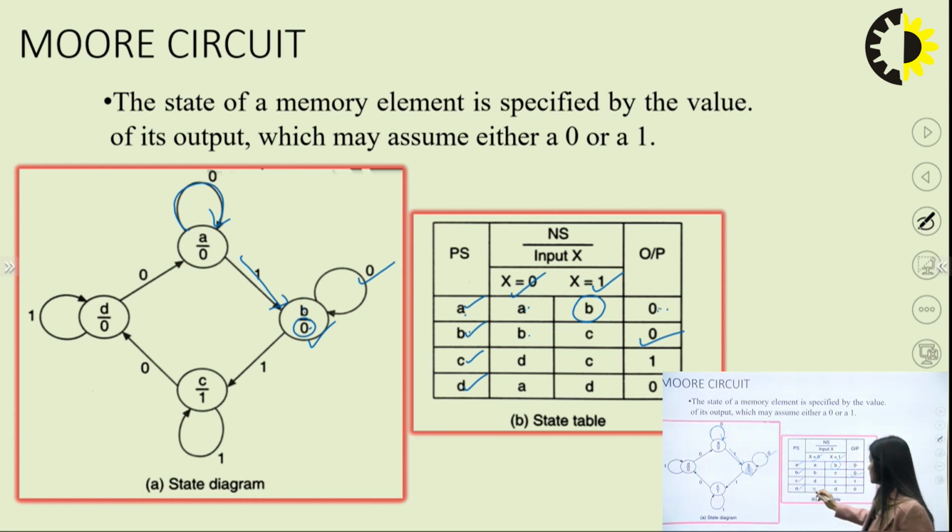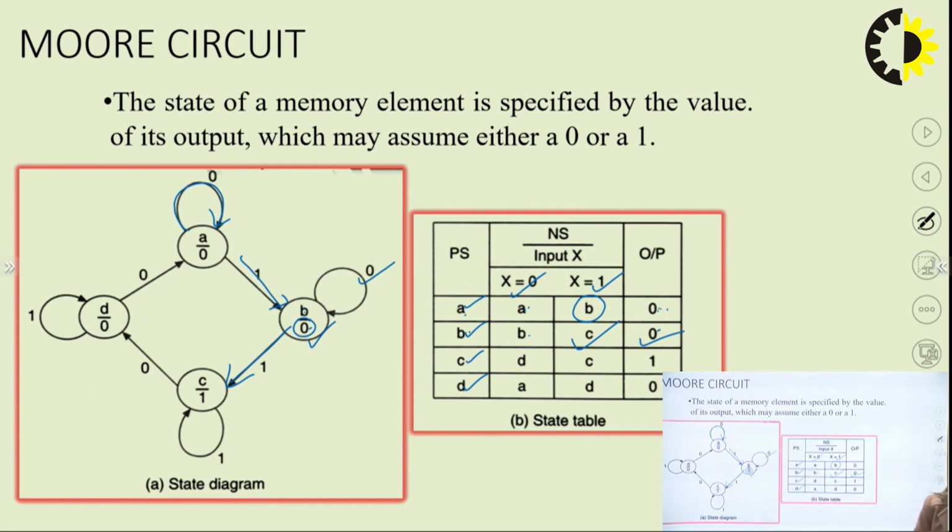Input is 1. Next state is C and output is 0. So, here what is the observation? We can complete the rest part like this.